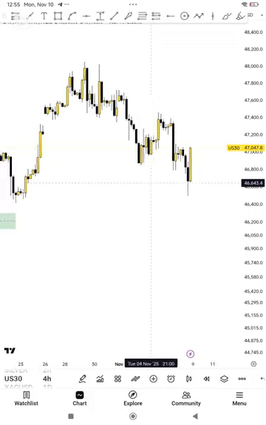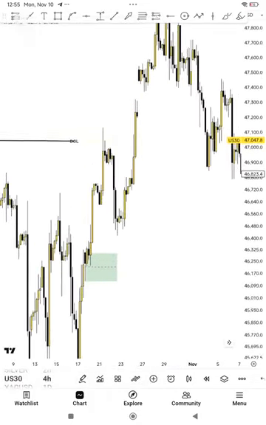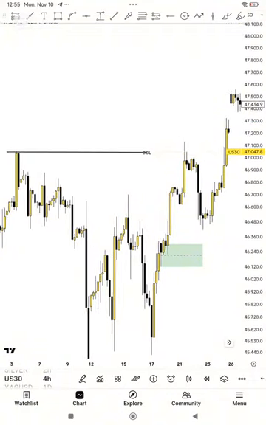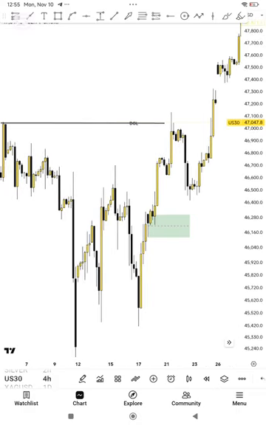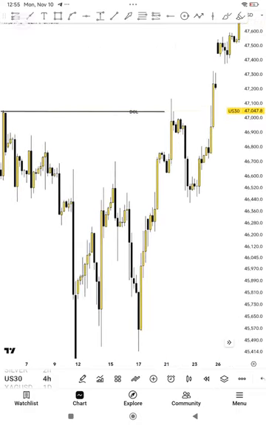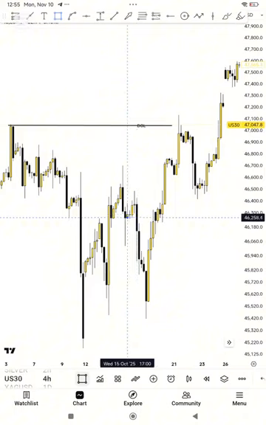Let's go to H4. Okay, so this is our H4 time frame. Let me mark it, one second. Here you can see we have a block.